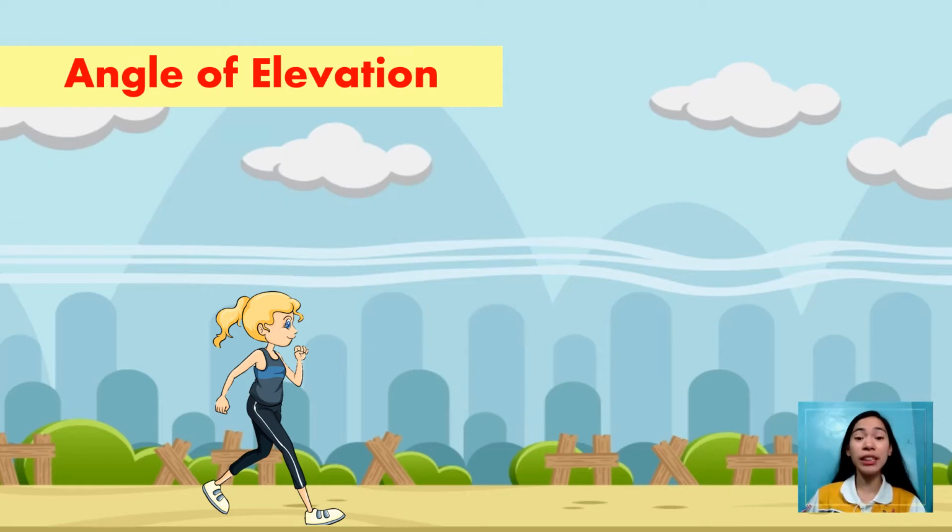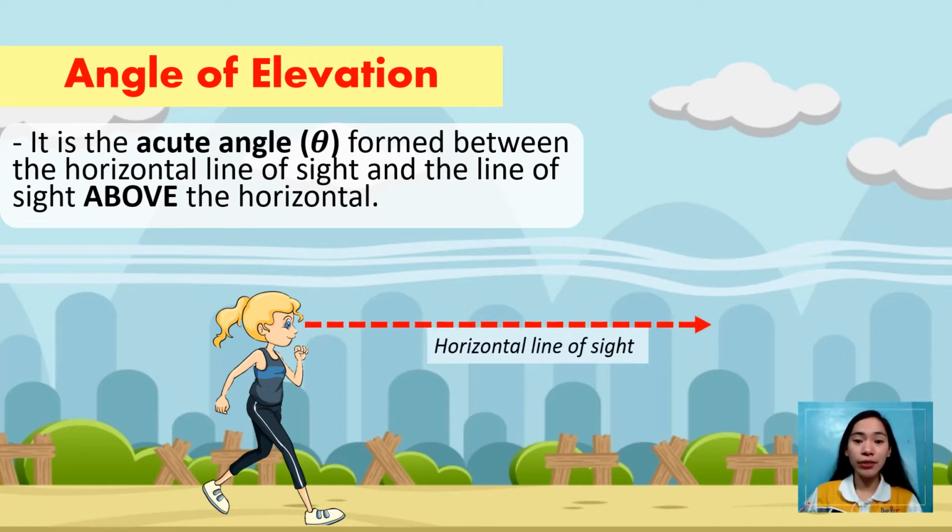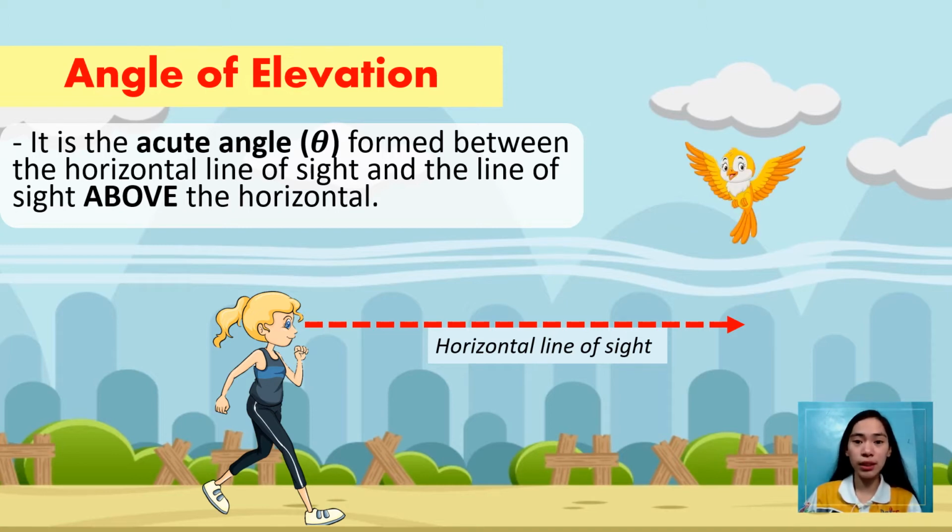Now let us formally define what is angle of elevation. It is an acute angle theta, an acute angle formed between the horizontal line of sight and line of sight above the horizontal. So suppose again this is our observer. We're going to draw a horizontal line of sight, which is represented by this red line, and an object.